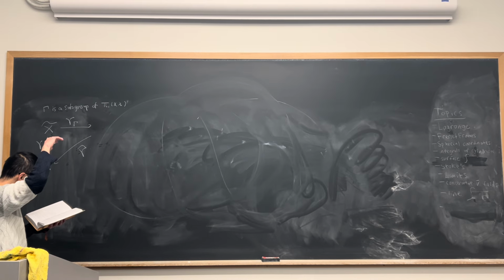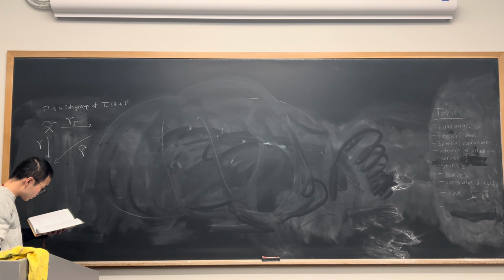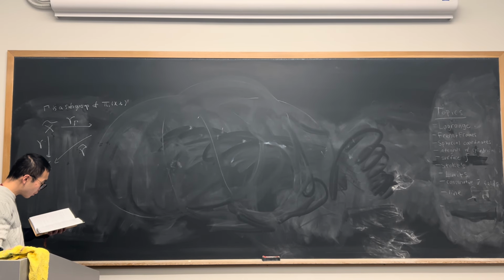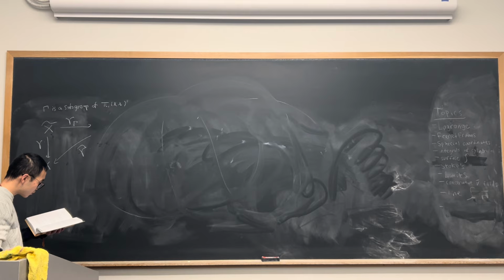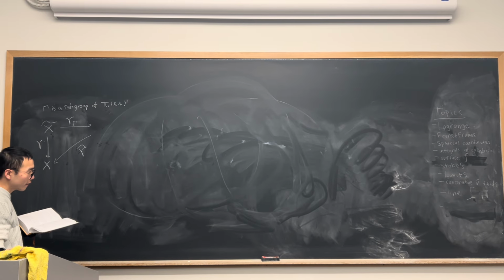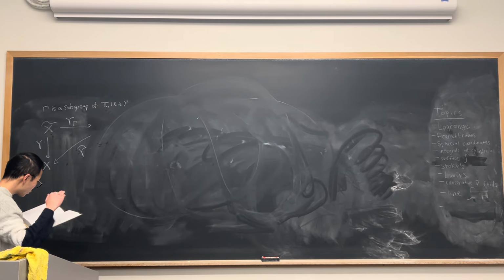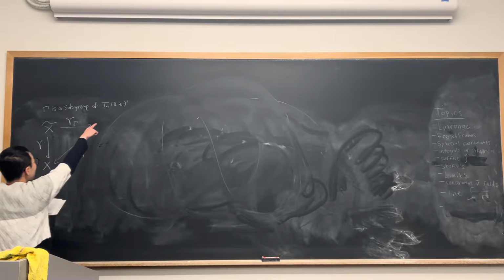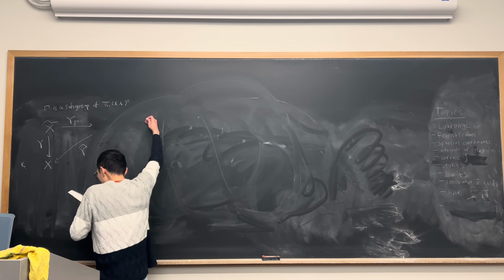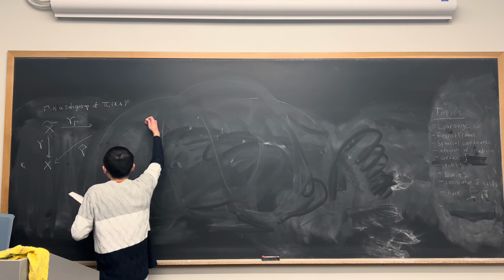Remember, it's the first theorem that we talked about. There's a one-to-one correspondence between the pi 1 of X naught, the fundamental group of the space based at a point, and the deck transformation group of this covering.